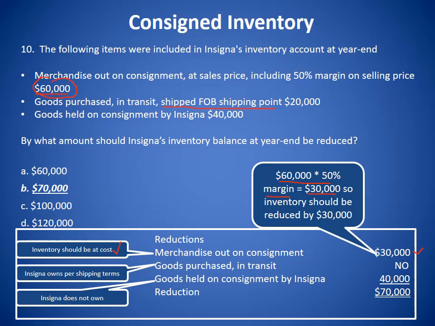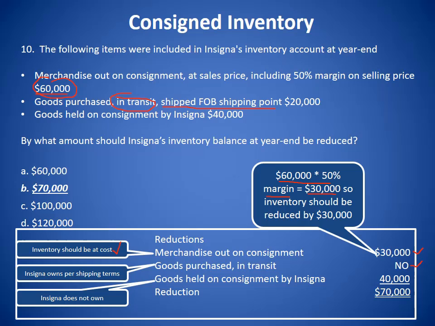So the goods are in transit, already being transported by the common carrier. In that case, Insignia actually owns that property even though they haven't received it yet. So there'd be no reason to reduce the amount because Insignia does own that property.